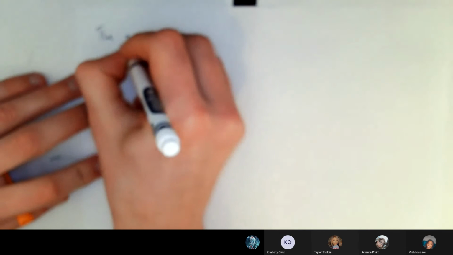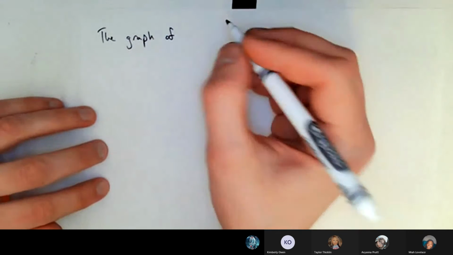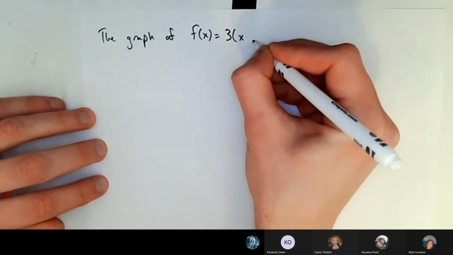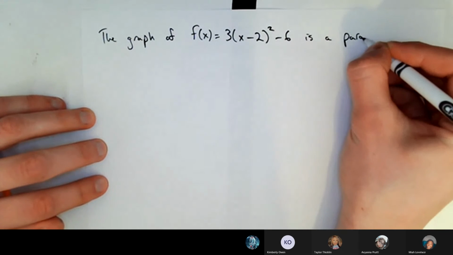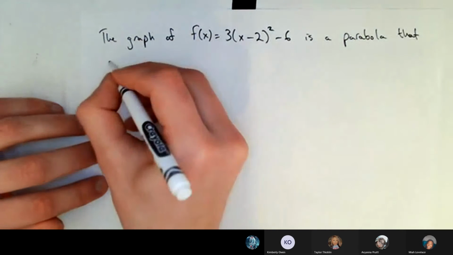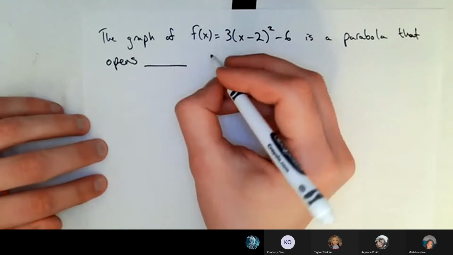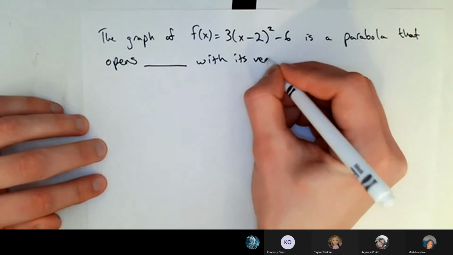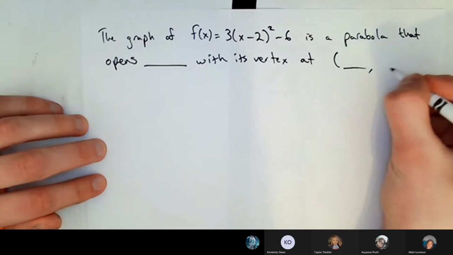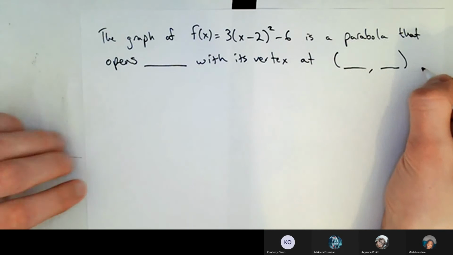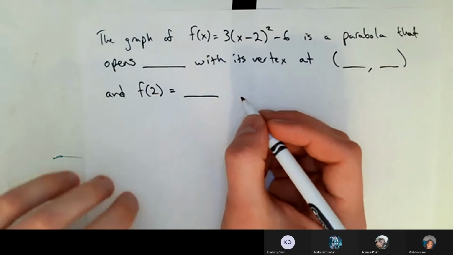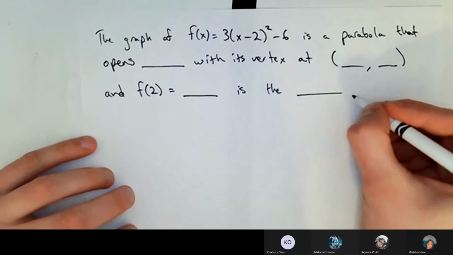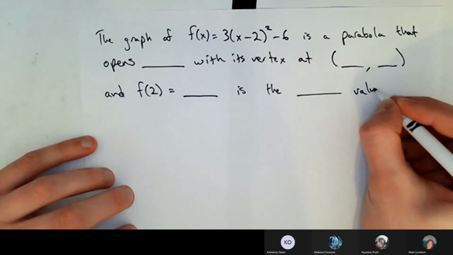Just want to show you one of these. The graph of f of x equals 3 times (x minus 2) squared minus 6 is a parabola that opens blank with vertex at coordinate point blank comma blank, and f of 2 equals blank is the blank value of f.